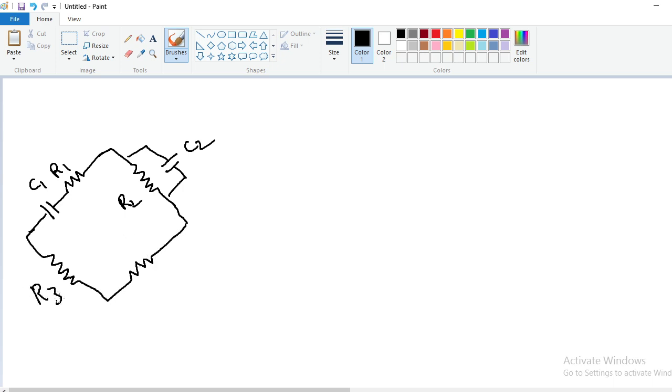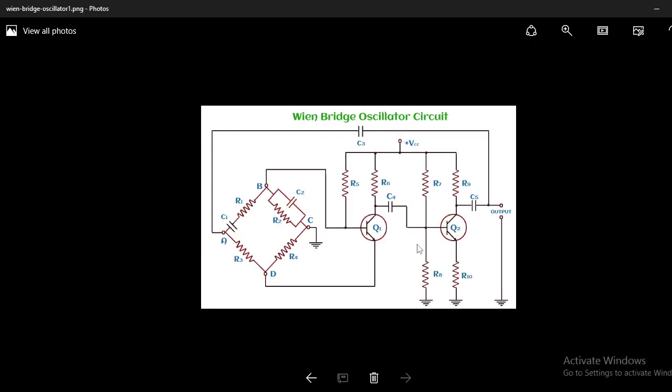This is the series combination ZS. This is the parallel combination ZP. Output voltage V0 is connected to the series combination, and the voltage across the parallel combination is applied to the input of the first transistor, that is nothing but the feedback voltage.